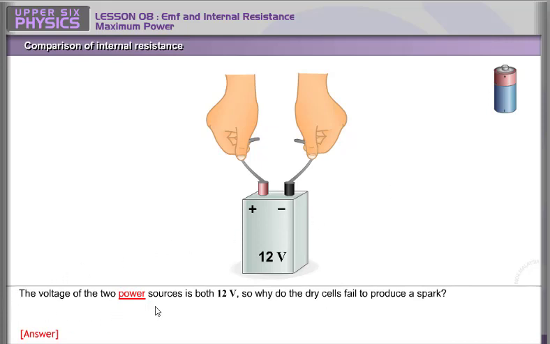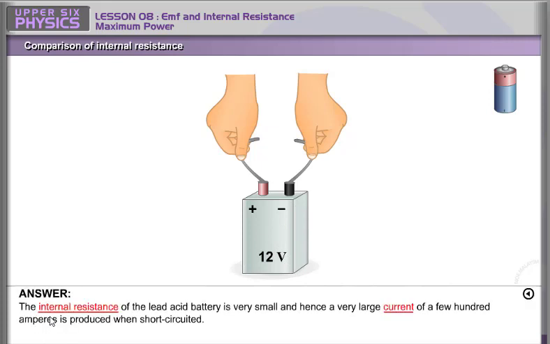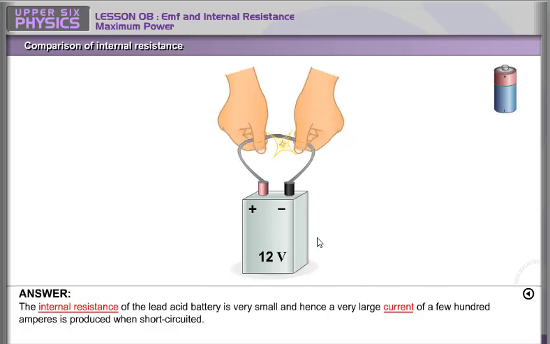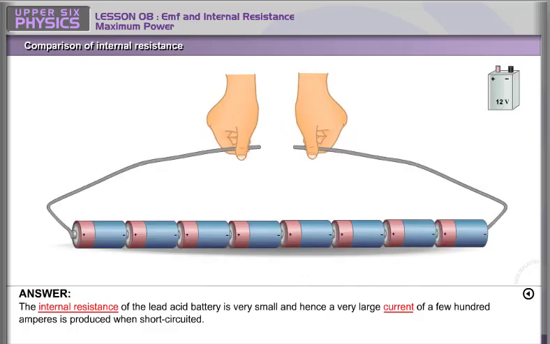So the voltage of the two power sources are both 12 volt. So why does the lead battery here produce a sparkle? Because the internal resistance of the lead acid battery is very small, so it produces a large current, a few hundreds ampere, which produces a sparkle when you short circuit it. Whereas here we use cells, each cell has an internal resistance of r.